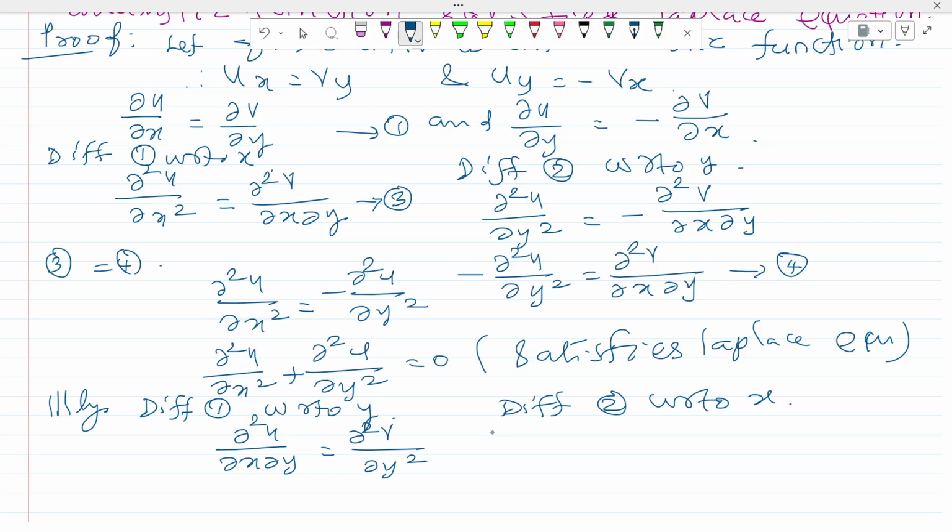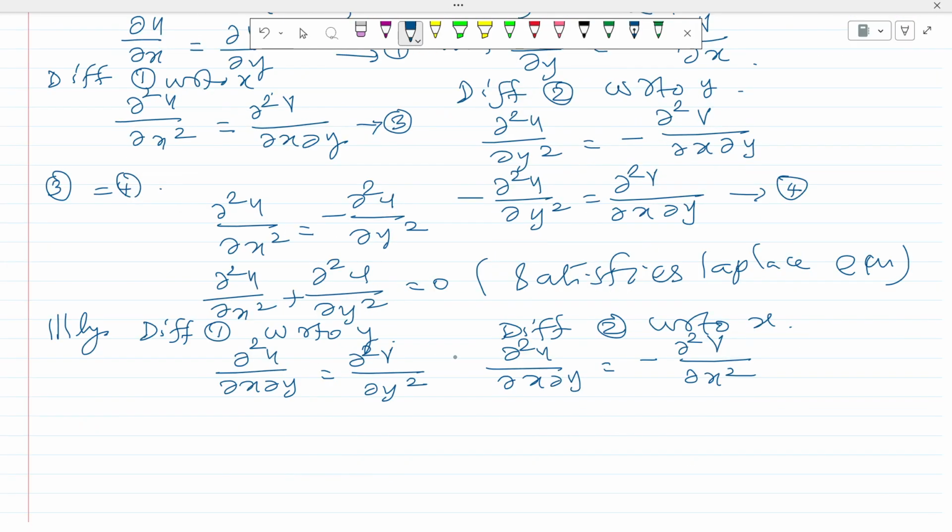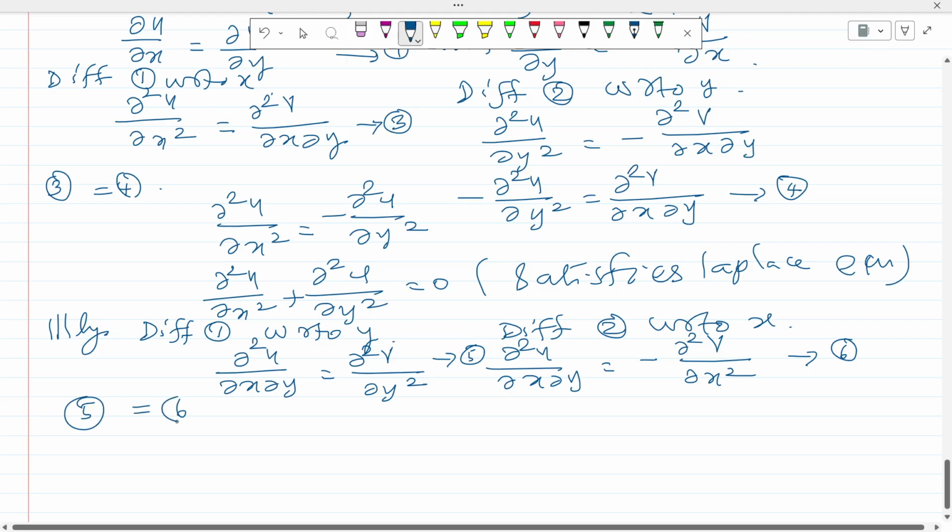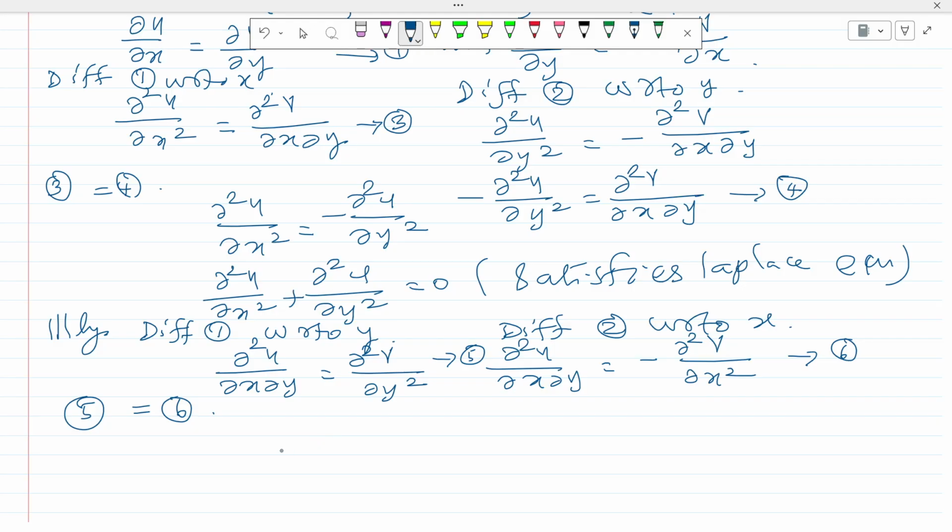Dou square u by dou x dou y, which is equal to minus dou square v by dou x square. Now take these as 5 and 6. Equating 5 and 6.